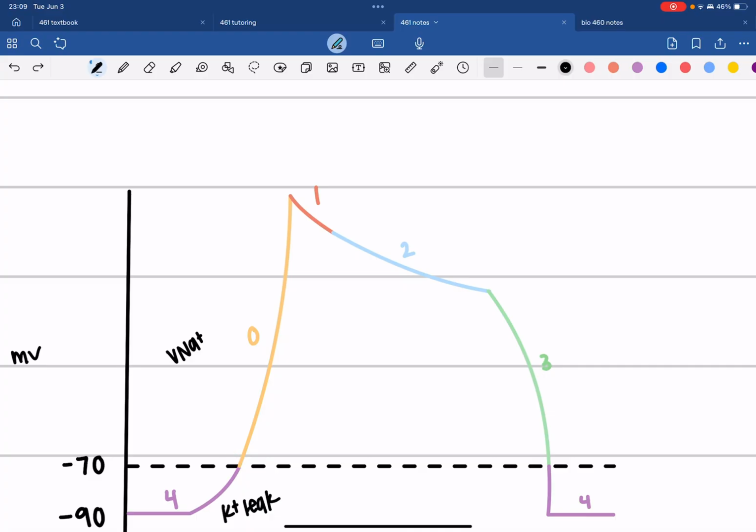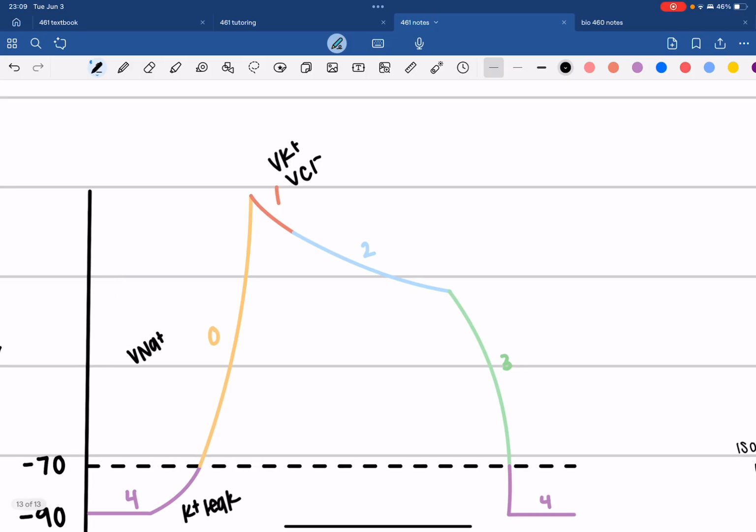So here at the top, we have our voltage-gated potassium channels starting to open. Then with that, we also have our voltage-gated chloride channels starting to open. And then we have calcium-induced chloride channels as well.